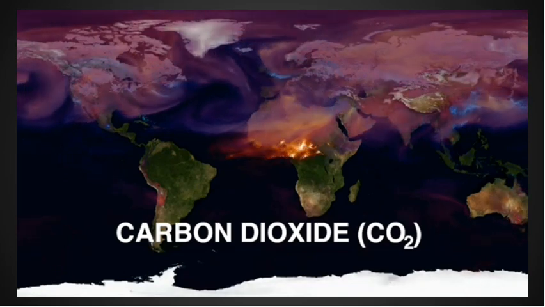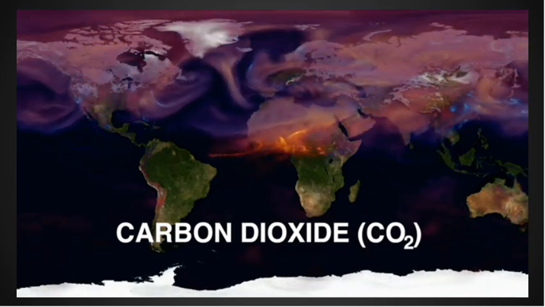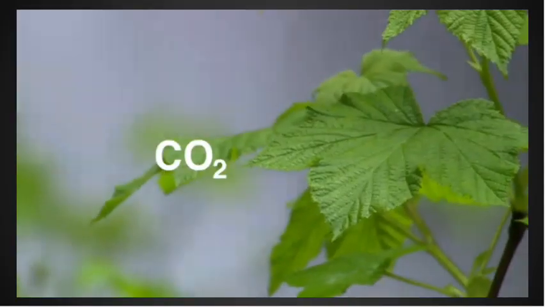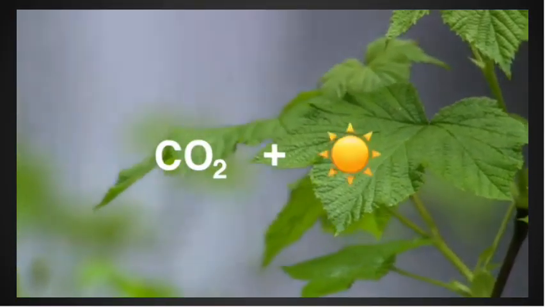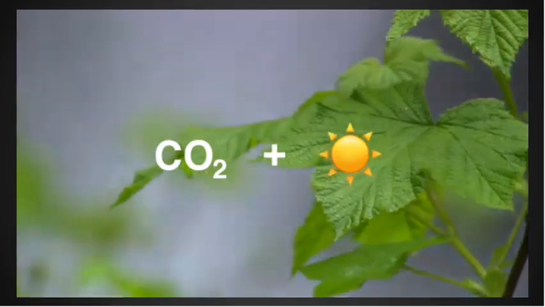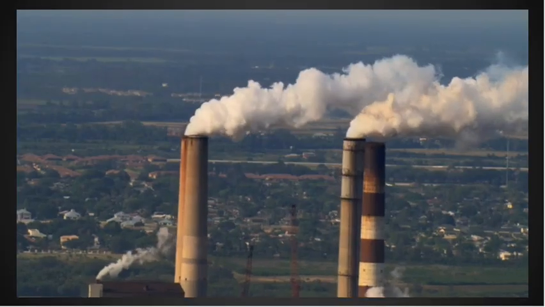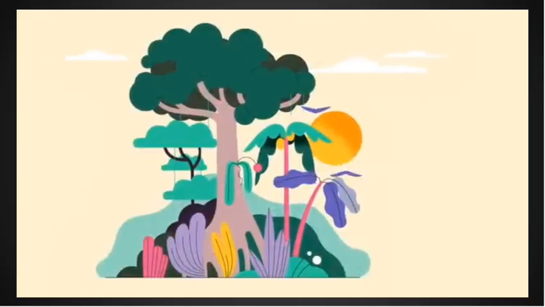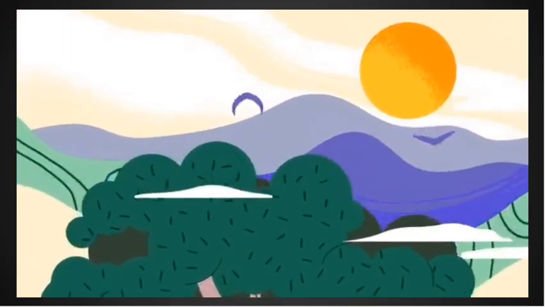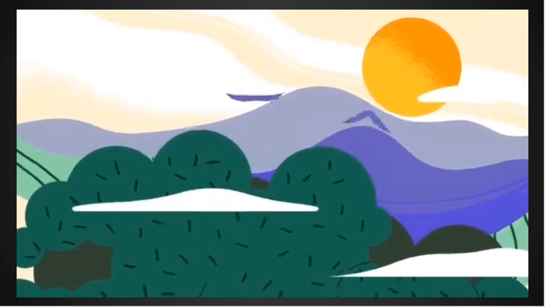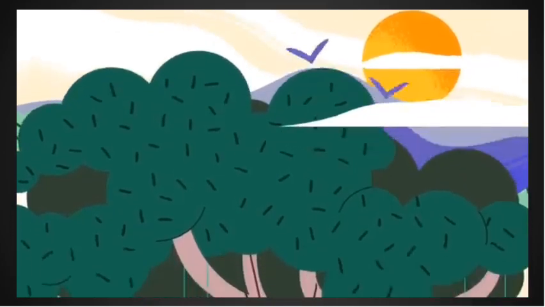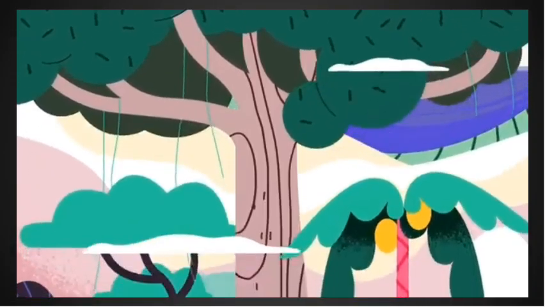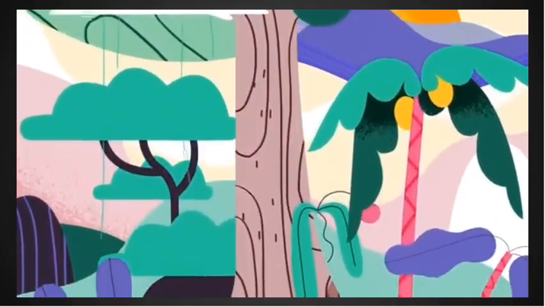Now, if we have a green environment, what do I mean by green environment? The plants. These plants will absorb the CO2, thereby balancing the amount of CO2 in the environment. That's why tree planting should be encouraged in our society, because many people burn one substance or the other, and this contributes CO2 to the atmosphere.